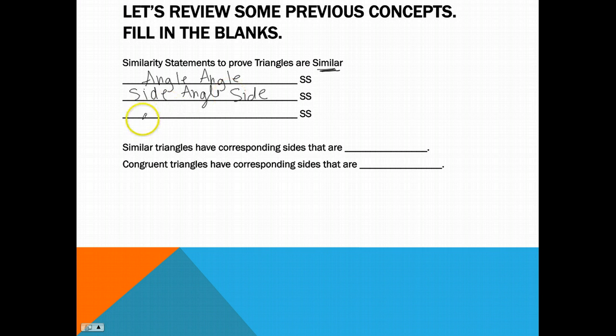We've also taken a look at the side angle. And one other one we've also taken a look at is the side similarity statement. So just fill that one in.